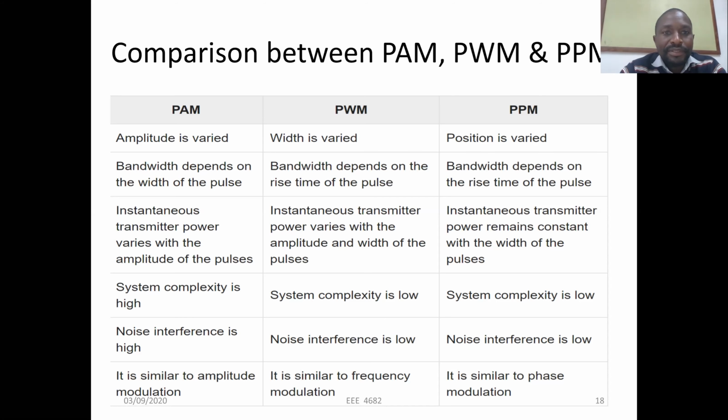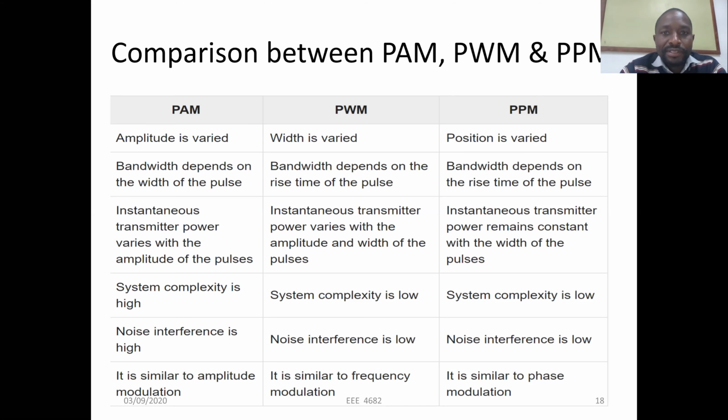In terms of bandwidth, with pulse amplitude modulation, bandwidth depends on the width of the pulse, whereas in pulse width modulation, bandwidth depends on the rise time of the pulse. This is also similar to pulse position modulation. In terms of transmitted power with PAM, due to the variation in the amplitude, the transmitted power also varies.